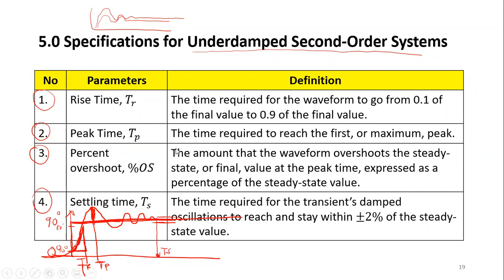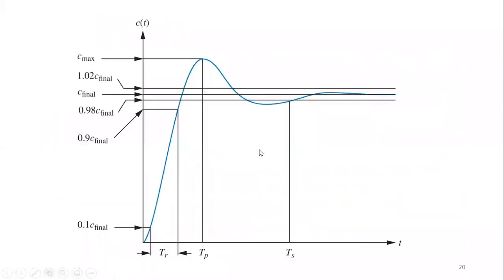So there are 4 things that you need to know for an underdamped second order system, and you will carry them along all the way until your system design, when you build a system. Again, this is just a redraw, which is much nicer than my drawing. Here is an example of an underdamped second order system, and there are 4 things that you need to observe.